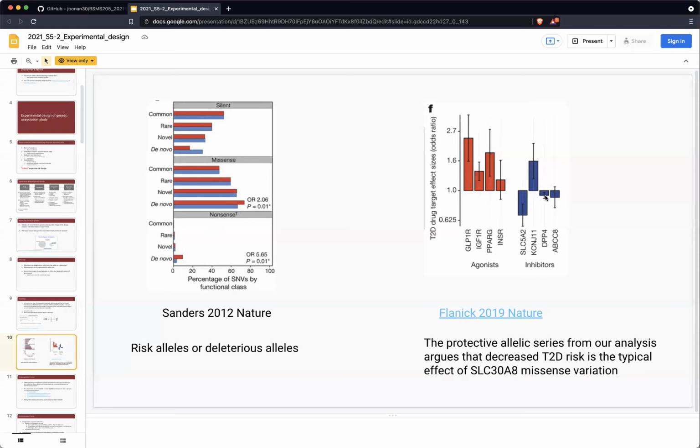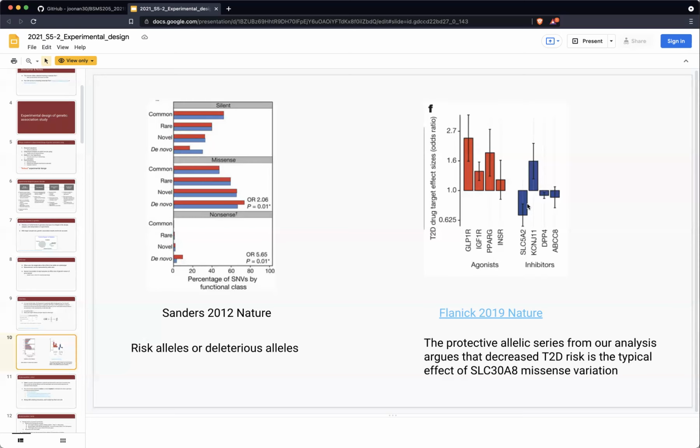But then some of the genes, like this one, have an odds ratio lower than 1. And this is the same for this gene as well. In that case, we call them protective alleles, right? Protective means that if you have the mutation in this gene, then you are unlikely to have type 2 diabetes, right?